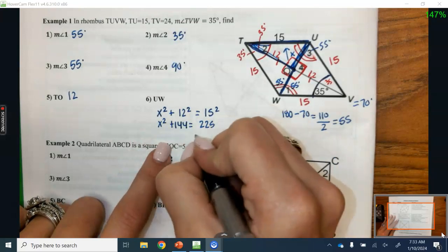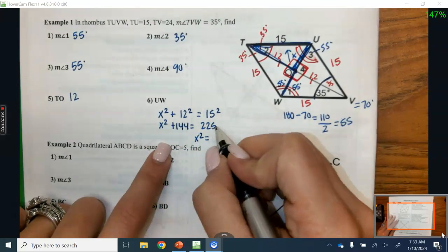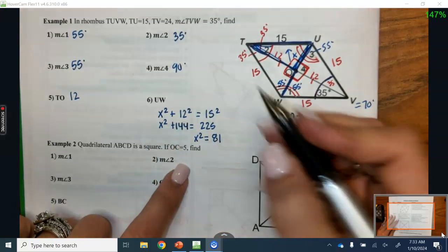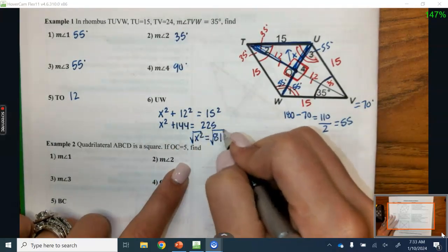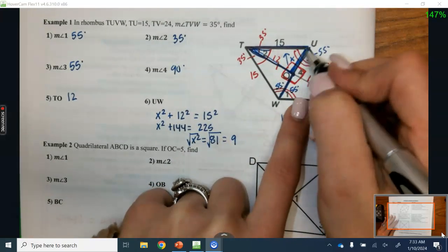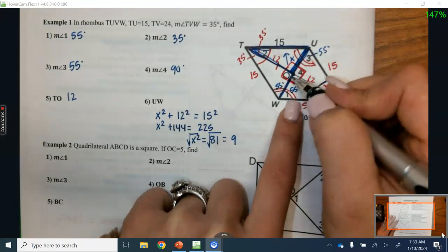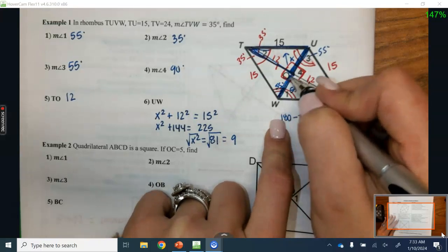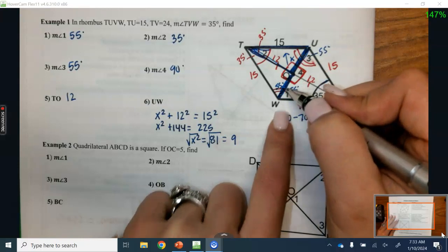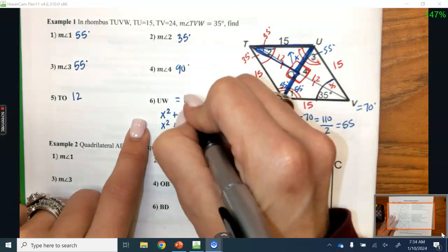Then I want to subtract over 144, so 225 minus 144, I get 81. Then if I take the square root of 81, that gives me 9. Remember, that was just this piece right here, but diagonals bisect, making this piece OW also 9. So 9 plus 9, UW is equal to 18.